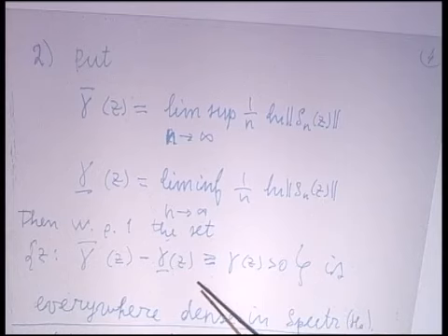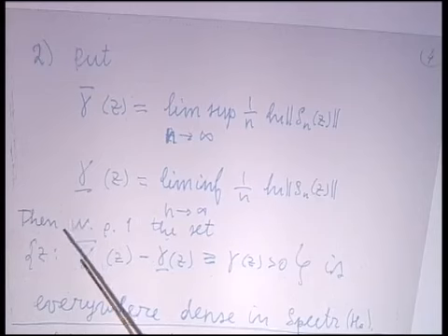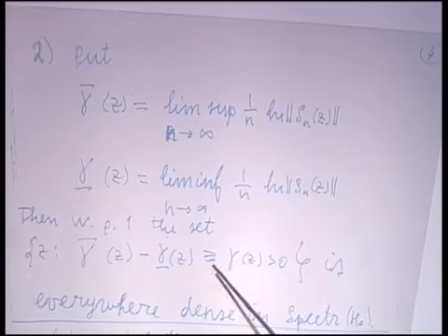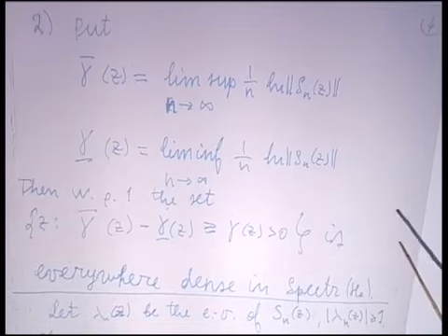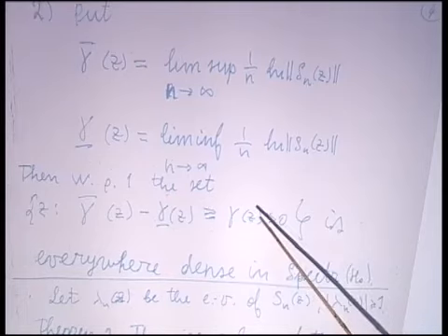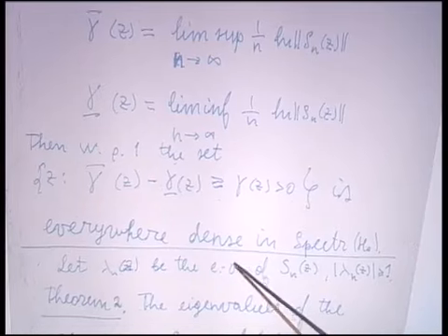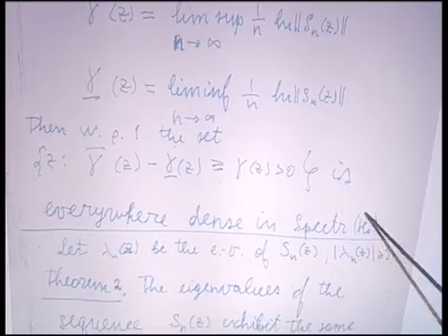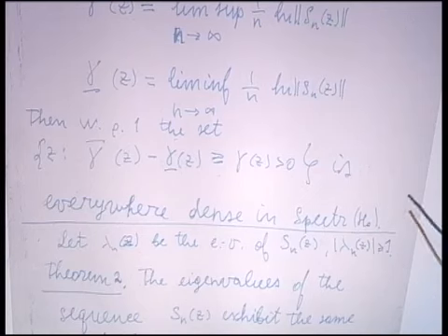Namely, when I say it is horrible, I mean the following: if you consider the upper limit, which always exists by definition, and we consider the lower limit, then with probability 1, the difference between these on the set of Z belonging to the real interval, which is the spectrum of the self-adjoint problem, is strictly positive on the set which is everywhere dense on the spectrum of H0. And when I say H0, you may remember that there was an Hg there.